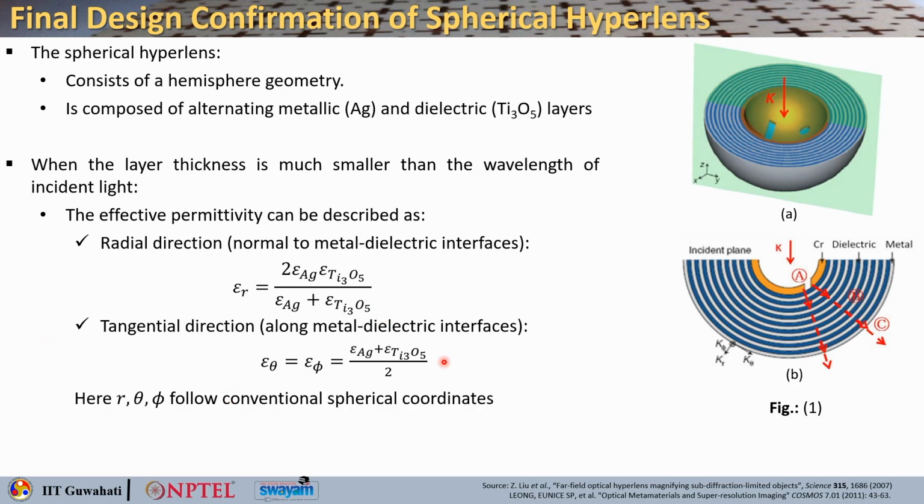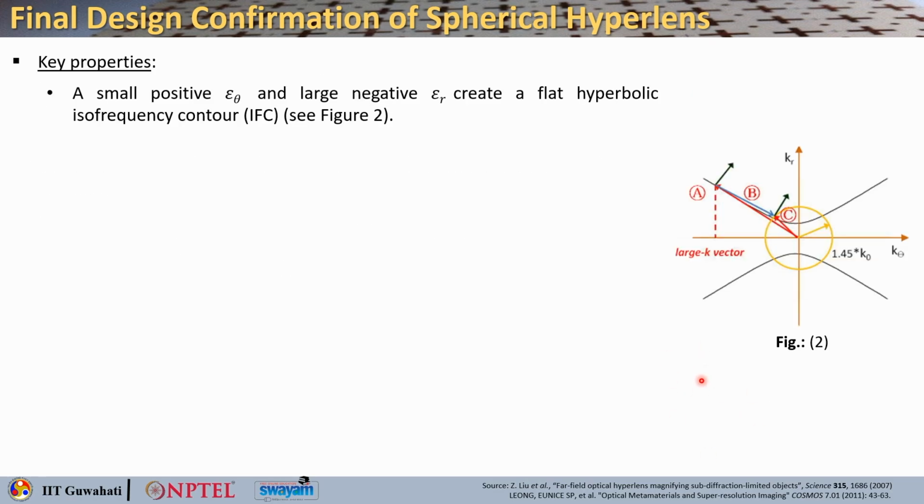In the tangential direction, that is along the theta and also in the phi direction, the permittivity is basically the average of the two, because that is along the metal dielectric interface. So, you can write it as epsilon Ag plus epsilon Ti3O5 divided by 2. So, this is done in the spherical coordinate system.